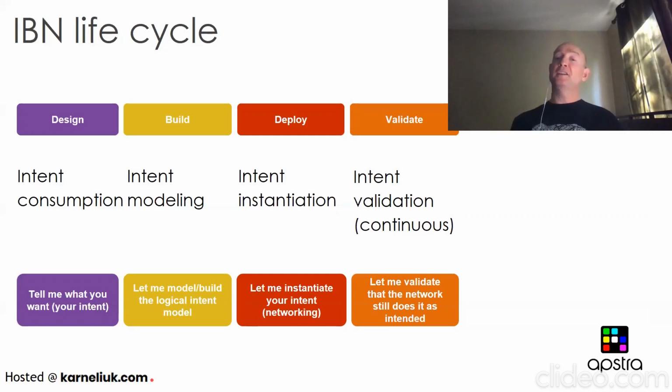Okay. So the last phase is validation, because there are always changes. There's nothing in the network that is not changing with time. The ability to understand the character of the change, what it means to my network, to my services, to my intent, is fundamental for full lifecycle management. So if an interface goes down, what does it mean? Should I care?